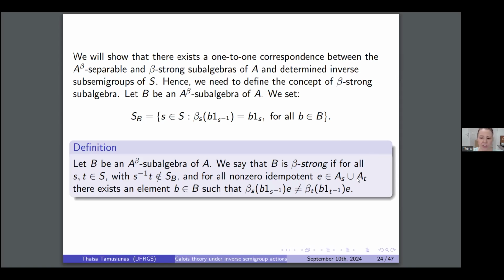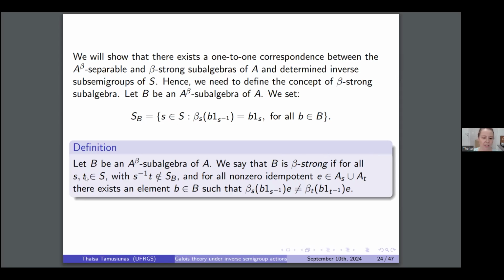And the extra condition that I said before is called beta strong. Let B be an A beta subalgebra of A. We say that B is beta strong if for all s and t elements in S, such that this product is not in S_B, well, we mean that the actions are not equal.